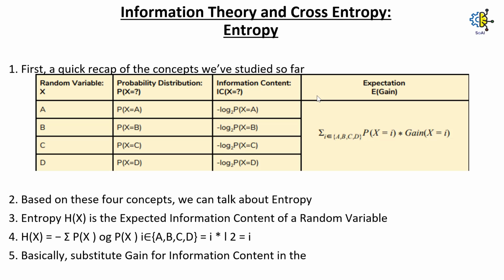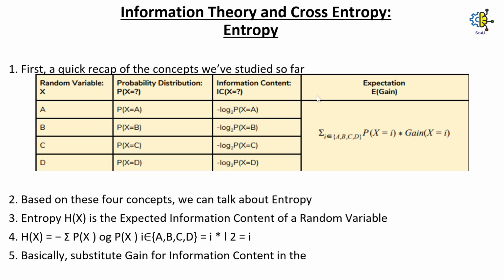Here we are going to study entropy. First, a quick recap of the concepts we have studied so far. Here there are four columns. We have the random variable X, where X is team A, B, C or D, and the second column, the probability distribution, probability of X where X is equal to A, B, C or D. Then the information content, that is IC, and the expectation, that is E of gain.